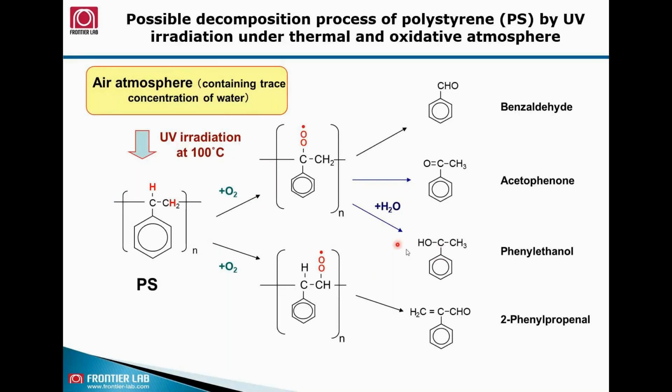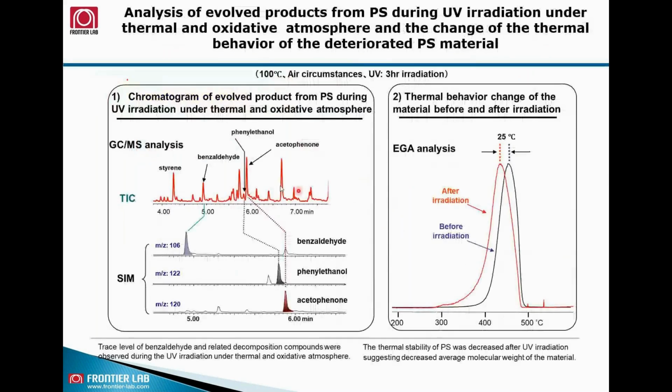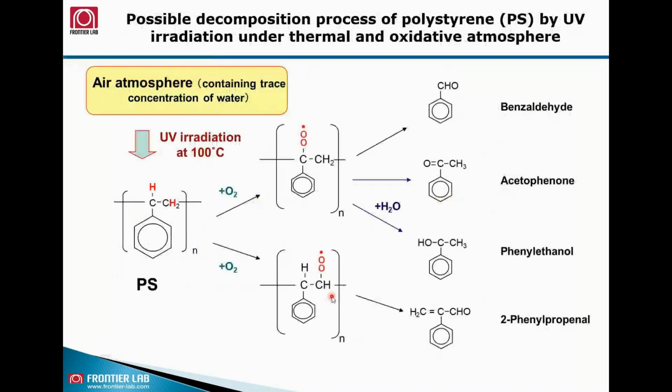If you look at these possible products and compare with our chromatogram obtained from the 3 hours UV radiation, we found peaks for benzaldehyde, phenylethanol, and acetophenone. So that very clearly shows this is the pathway taking place.